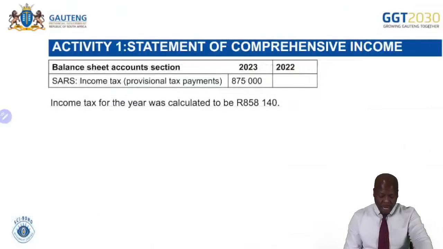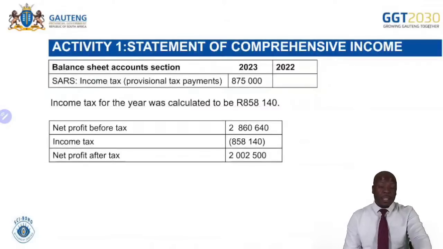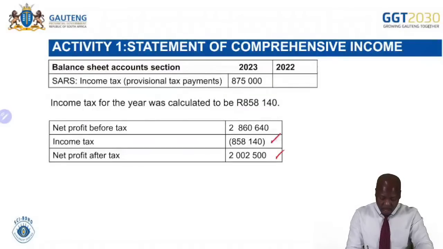We are coming now to the end of this activity, and one of the things that was required was to complete the bottom part of the statement of comprehensive income. So we had net profit before tax, and the income tax we have. Income tax is 858,140, and what we needed to get was the net profit before tax. So we are doing the bottom up.